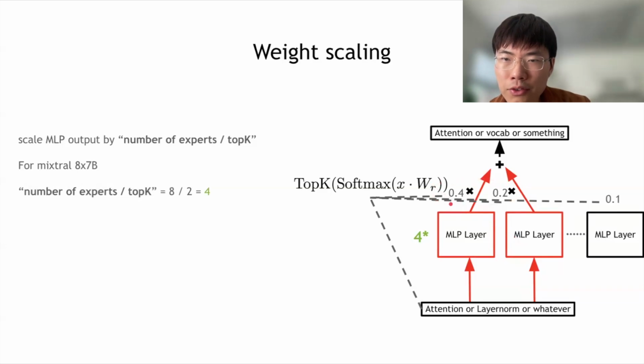We have 0.4 and 0.2 selected. The probability is smaller than 1, which means the MLP output multiplied by the probability is also scaled smaller than 1, given that the MLP layers are simply copies of the original dense model.